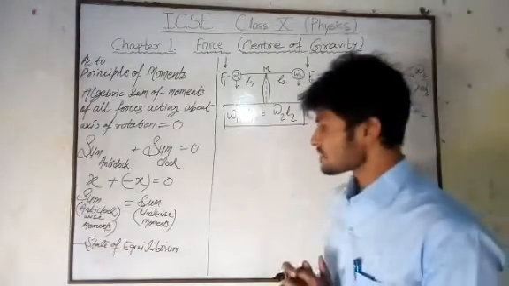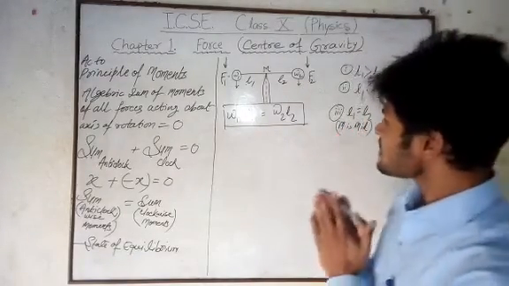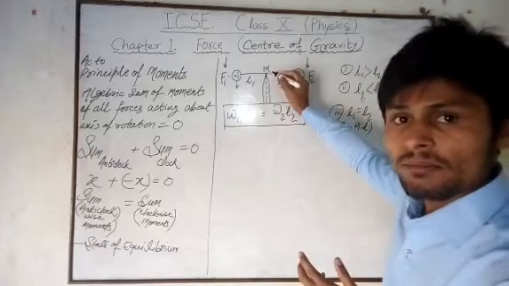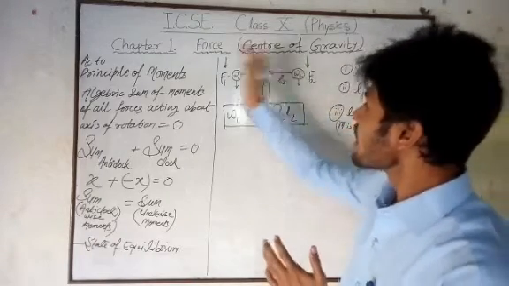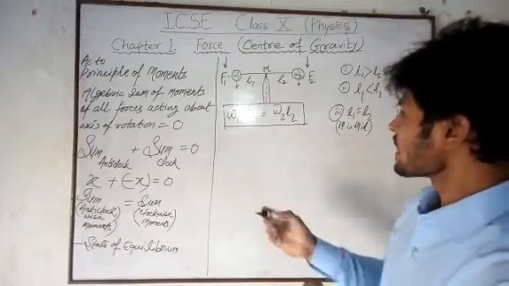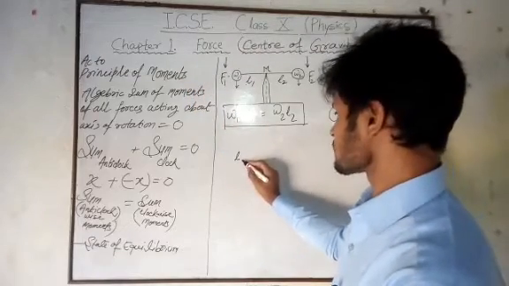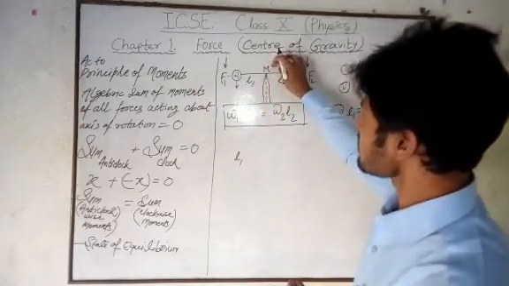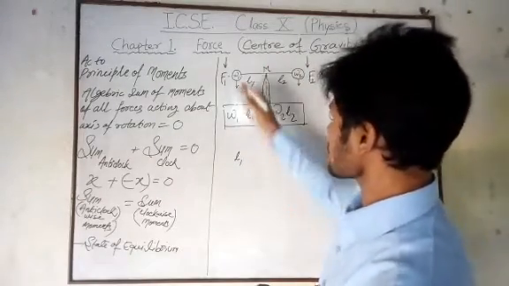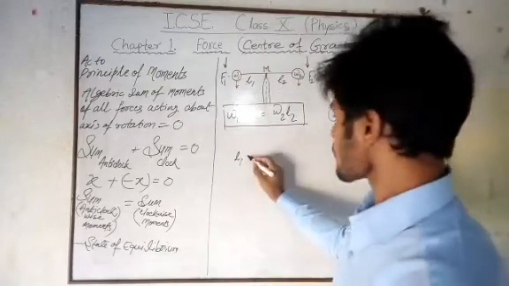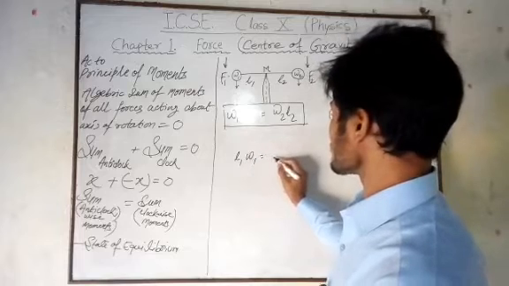Now just think, what happens if we shift the point M toward the left? Then L2 is increased and L1 is reduced, and the weight is the same as it is. So L1 into W1 is decreased.